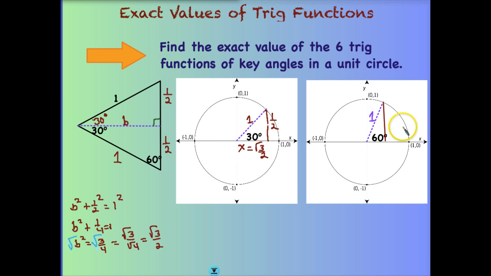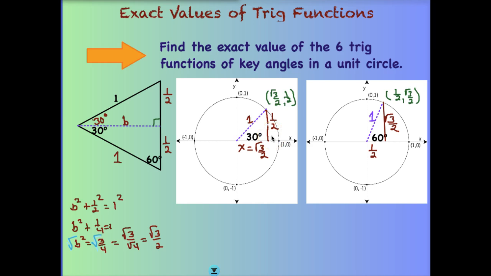We can transfer this information to this diagram as well. If you can picture the full equilateral triangle coming down here, we know that this distance is our 1/2, and this vertical distance now is our root 3 over 2. So quickly now we have defined exact values for both a 30-degree and a 60-degree angle.